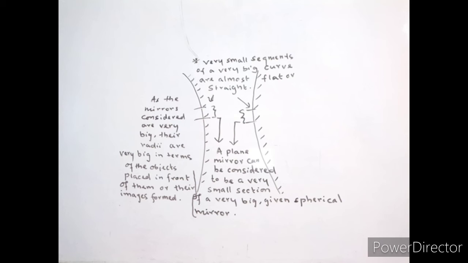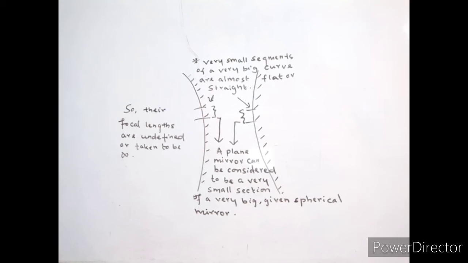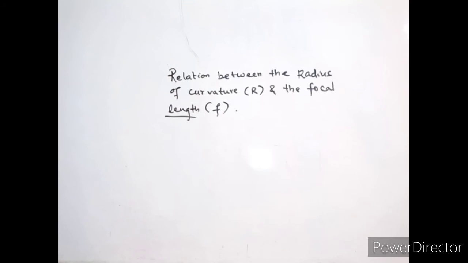As the mirrors considered are very big, their radii also must be very big compared to the objects placed in front of them. So their focal lengths are undefined or taken to be infinite, because we cannot really measure their focal lengths in real life. We do not have the instrument every time, so the focal lengths are relatively very big.